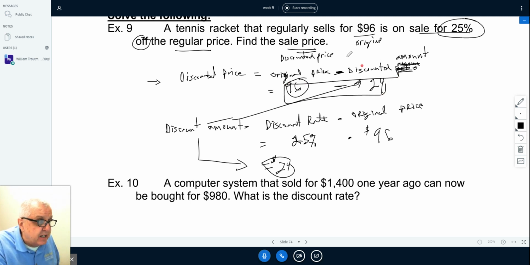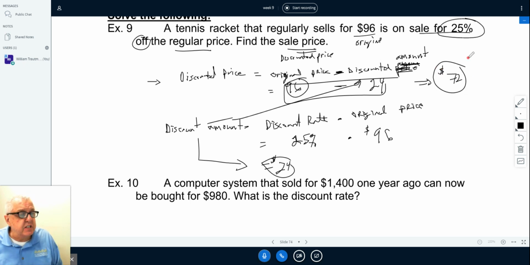So to find the final sales price, which is the discounted price, 96 minus 24 is $72. Finally, we found the answer. So if there's an item for $96 and it's discounted 25%, the final price I pay is $72.